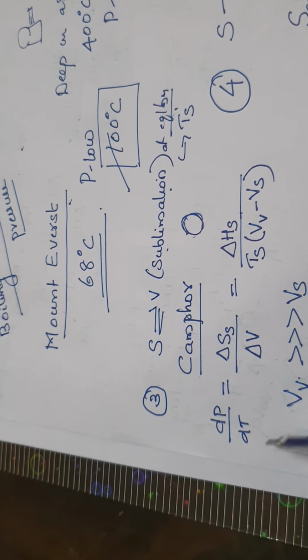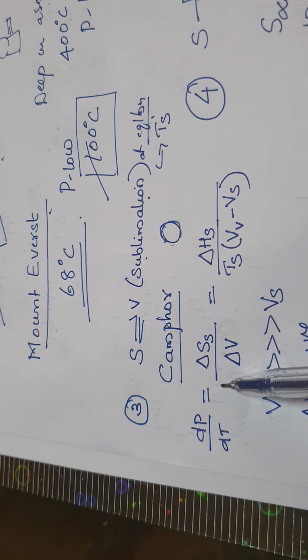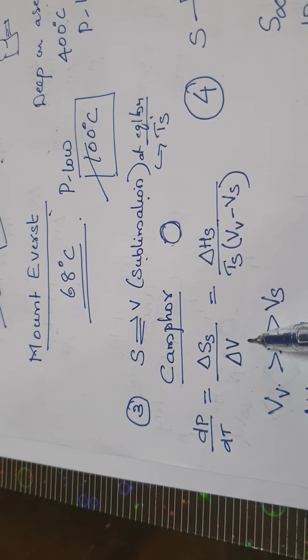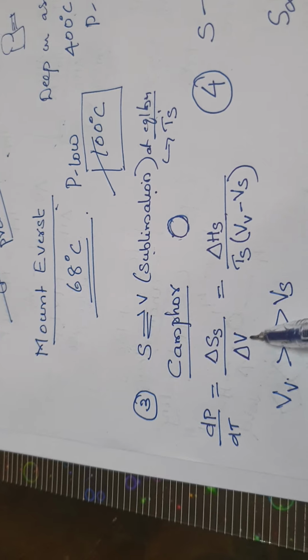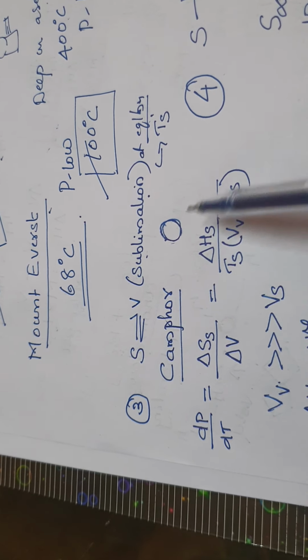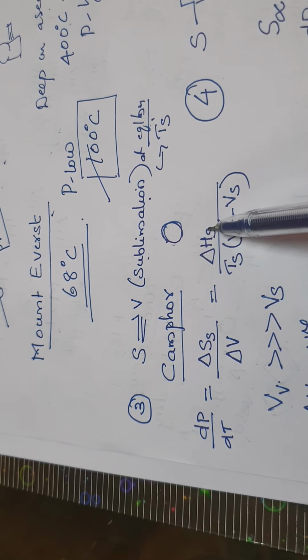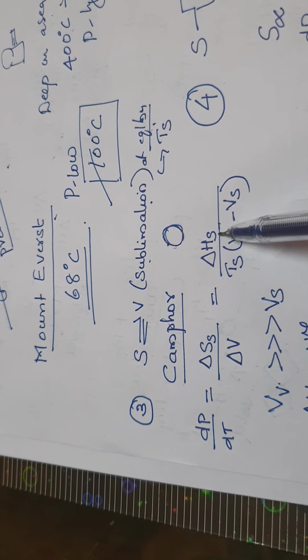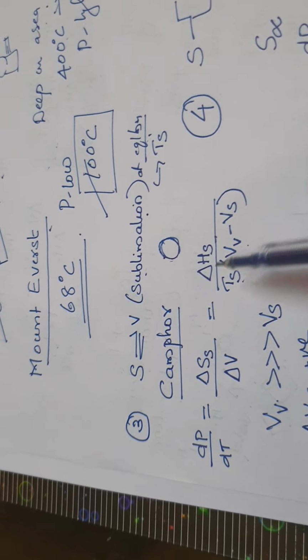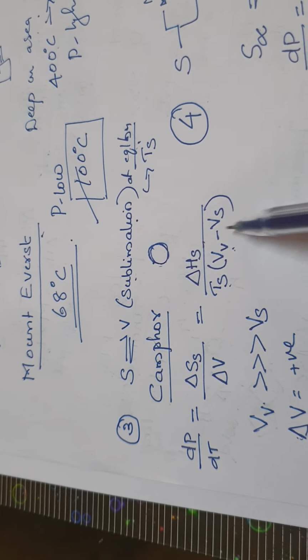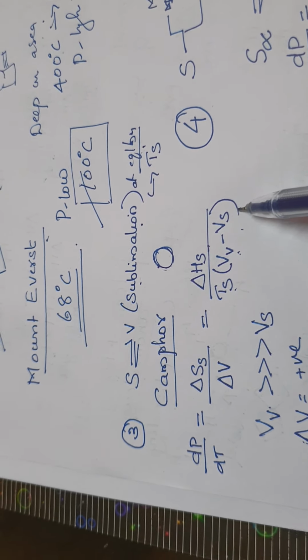Now apply dP/dT. dP/dT is equal to delta S_S divided by delta V. Delta S_S is entropy of sublimation, and delta V is change in volume. So substituting, delta H_S, that is molar heat of sublimation, divided by temperature of sublimation into (volume of vapor minus volume of solid).